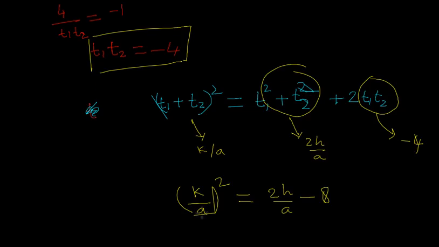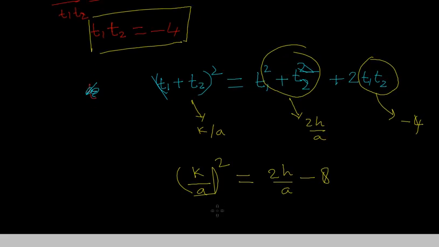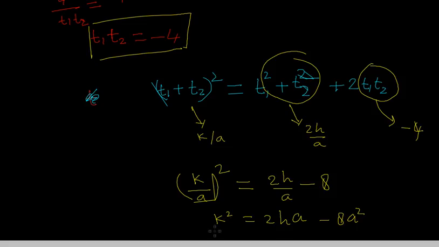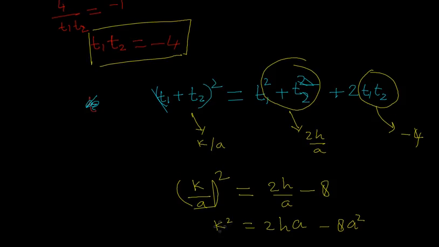Now you take k square, it will be equal to 2ha minus 8a square. Fine. Substitute k with y and h with x, you will get the equation of your locus.